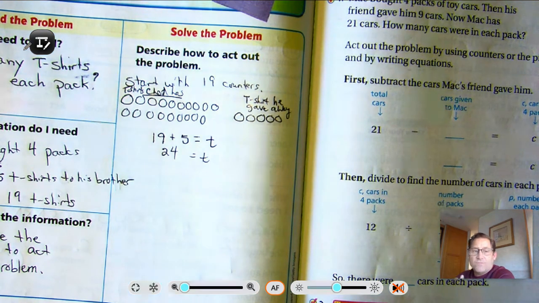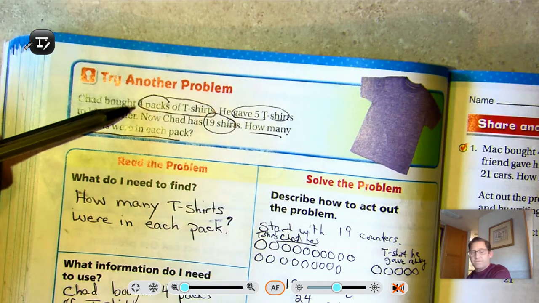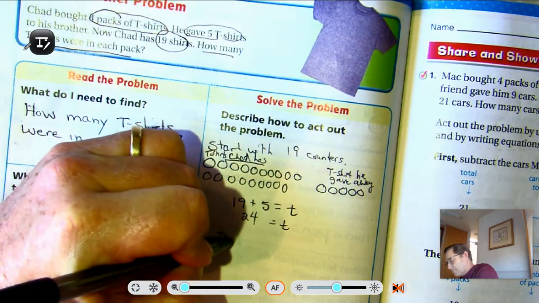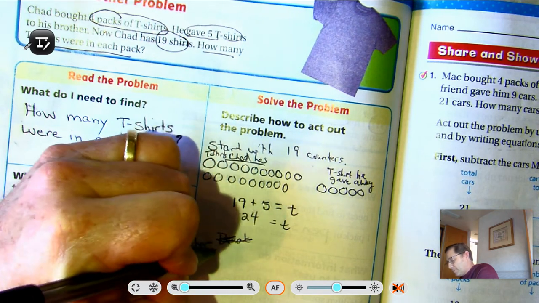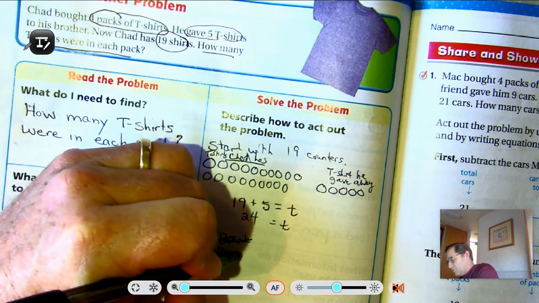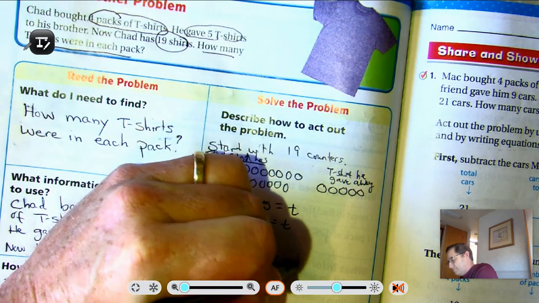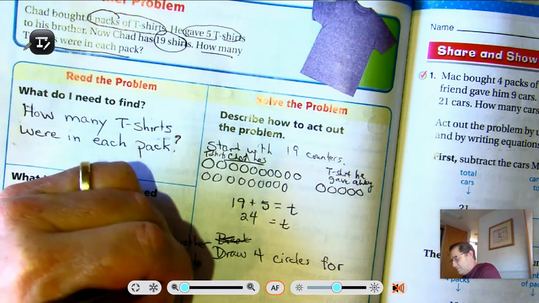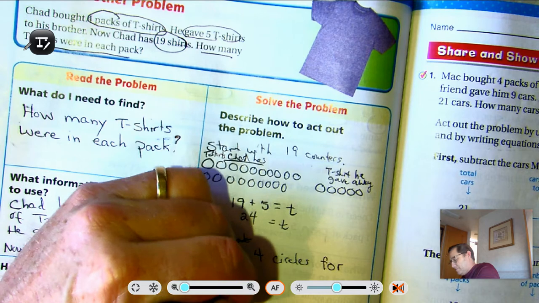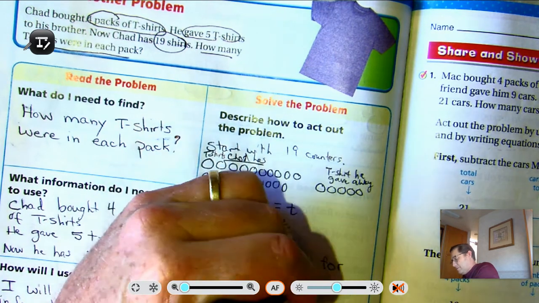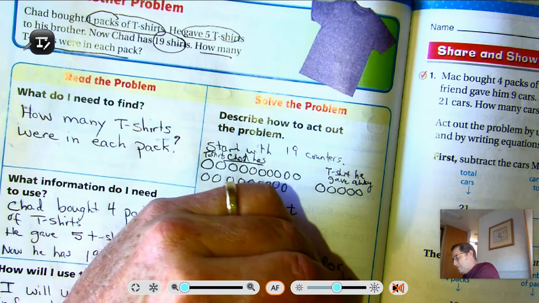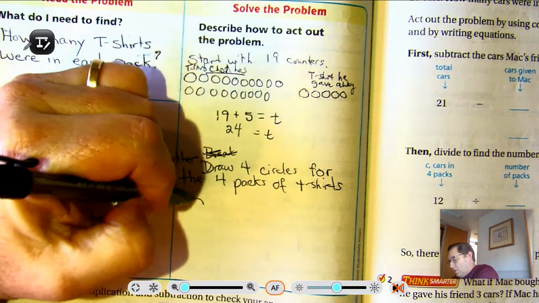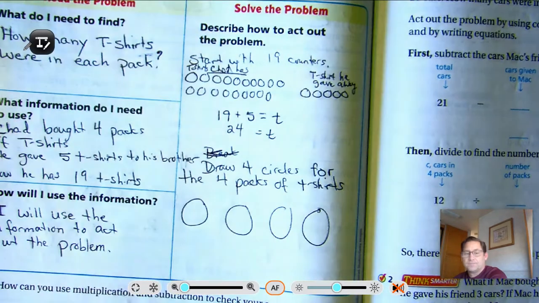So now let's take that 24, and we know we have to put it into 4 packs. Draw 4 circles for the 4 packs of t-shirts. 1, 2, 3, 4.